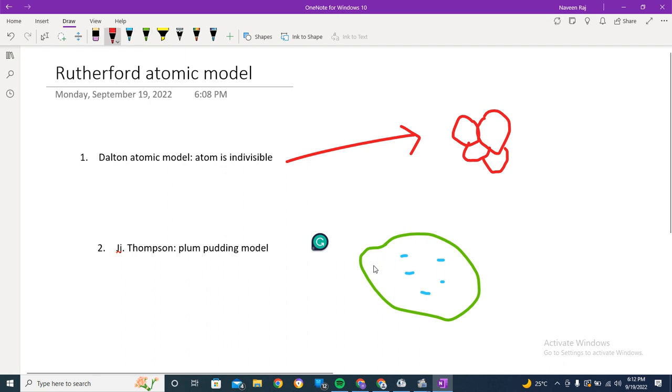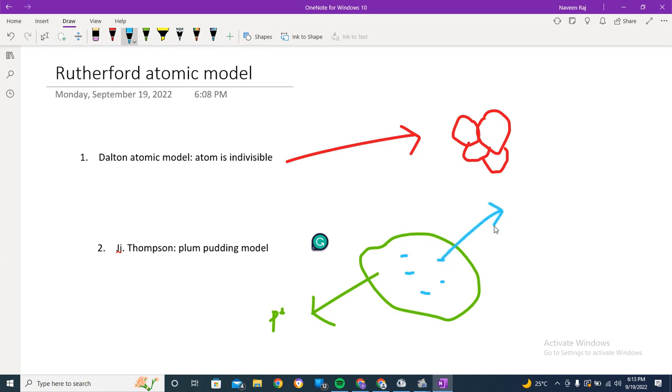Let me draw here. According to him, all this space is the proton, or the positive space. Something positive is there, and between these positive charges there lie very few electrons.